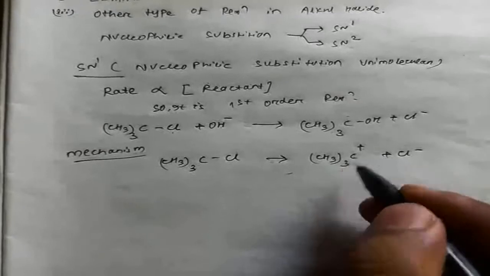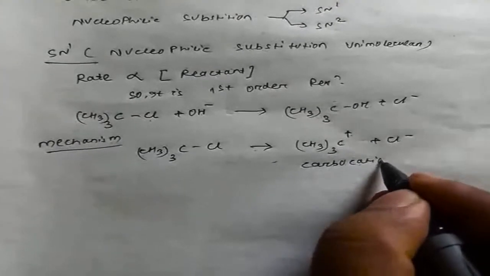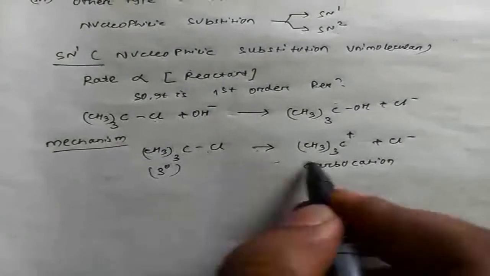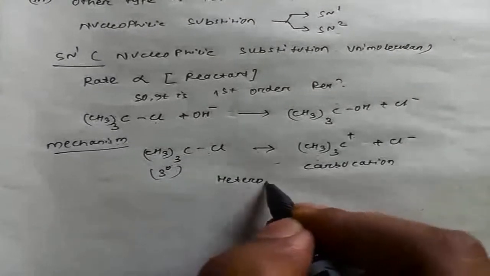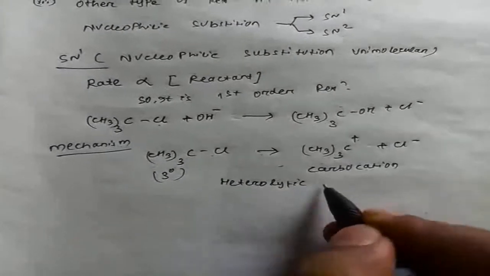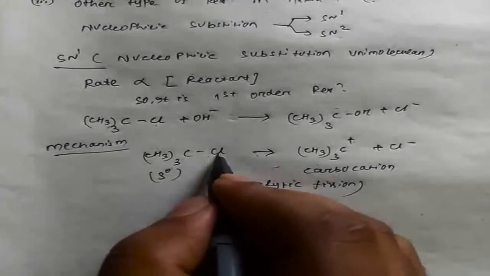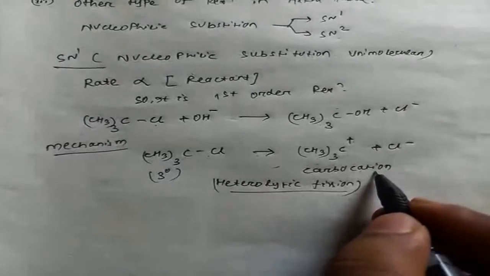The carbon with positive charge is a carbocation. So the tertiary alkyl halide undergoes heterolytic fission, unequal division, to give a carbocation intermediate.